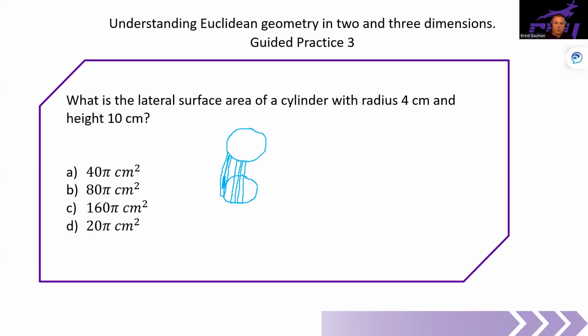So we're going all the way around the circle as one of our parts. Same thing on the bottom. So the formula for the lateral surface area ends up being the height times the distance around the bottom and the top, which is a circumference.